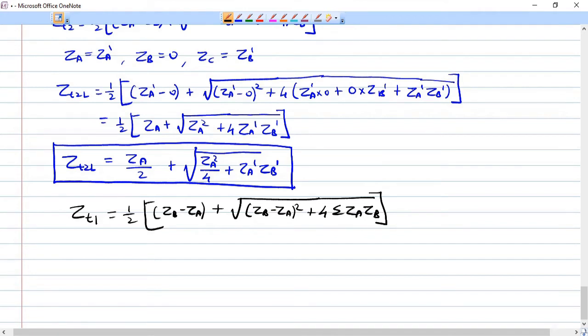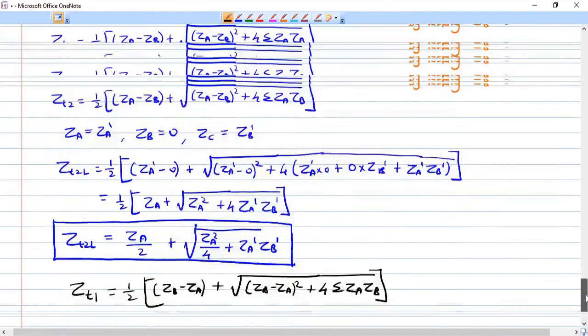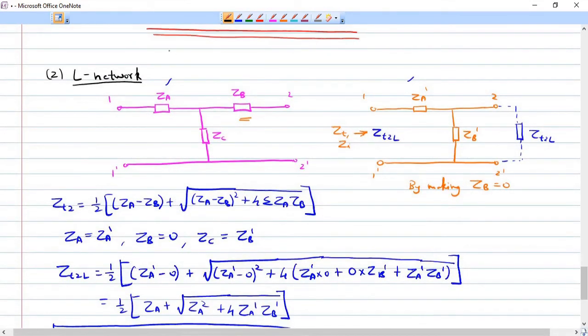This is the expression for the iterative impedance for this asymmetrical T network. Now again we substitute the same way: ZA is replaced by ZA dash, ZB is replaced by 0, and ZC is equal to ZB dash here also.